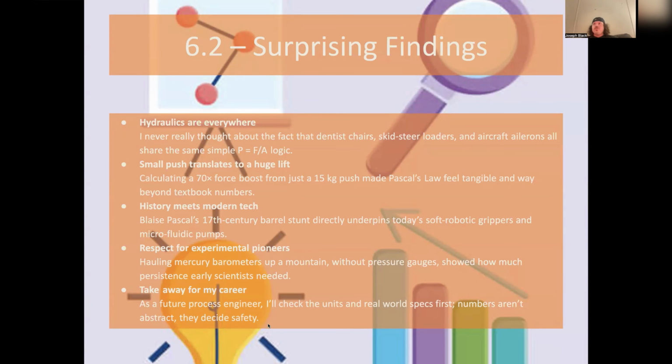I've worked around hydraulic equipment before without necessarily knowing that's what it was, but it gives me the want to check the units and real world specs first. Numbers aren't abstract. The manufacturer sets safety limits for a reason, and I have kids and a family. I would want to err on the side of anything that keeps me coming home at the end of the day.